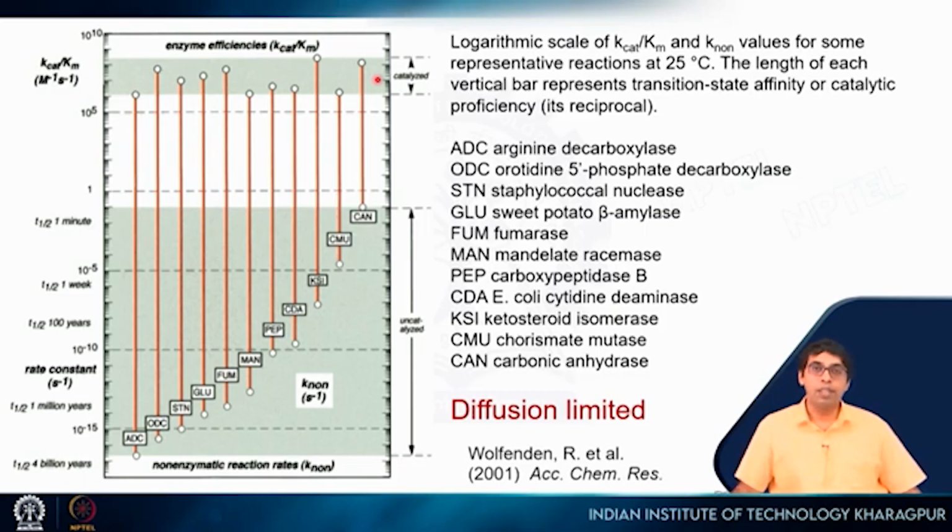That rate determines the rate of the reaction, because you cannot speed up the reaction more than that. Only once they bind can you do the catalysis. So, evolution has optimized these enzymes perfectly so that their rates are now limited only by the diffusion constant. These are called diffusion limited.